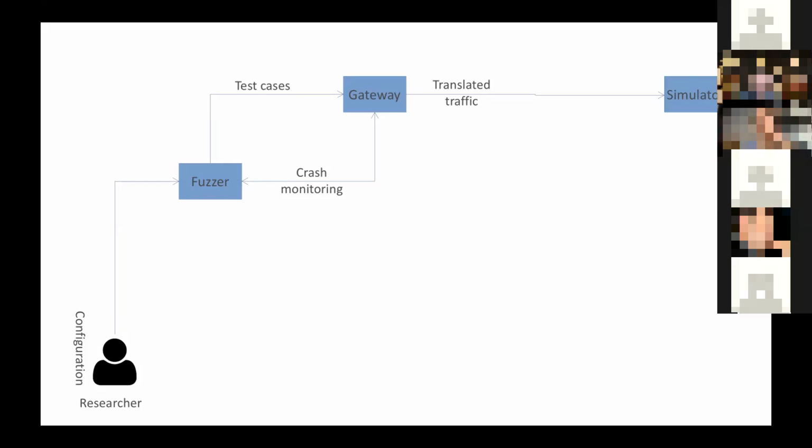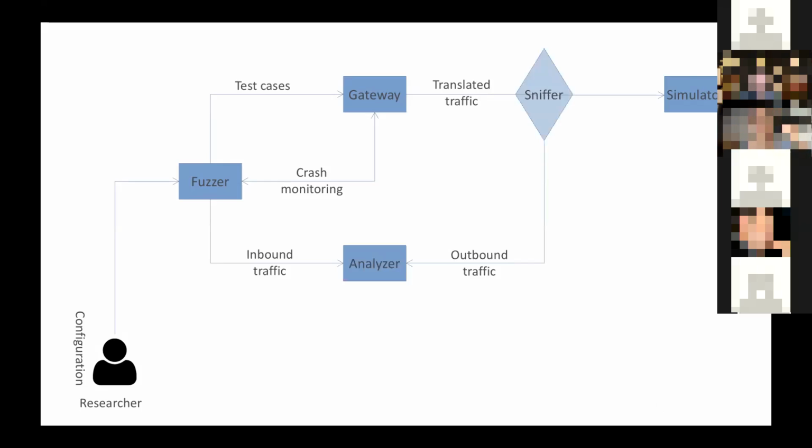The fuzzer generates the test cases and also monitors for crashes. We had a sniffer set up. The sniffer and the fuzzer would feed data to an analyzer, and the analyzer would then give a report back to myself and my colleagues.